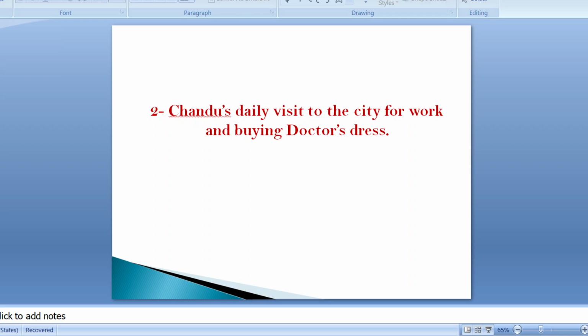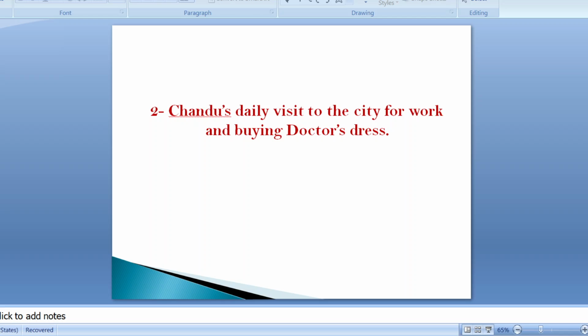Not only did he shave the village people, but he also went to the city and shaved the city people. And once when he earned much money, he bought a new dress for himself when he saw a city dentist doctor's dress.